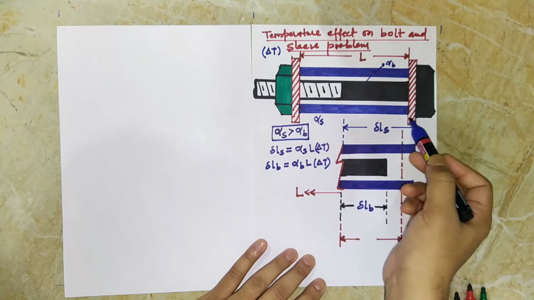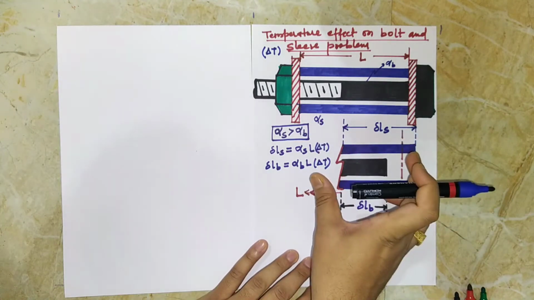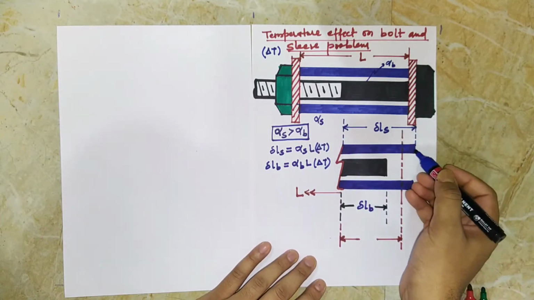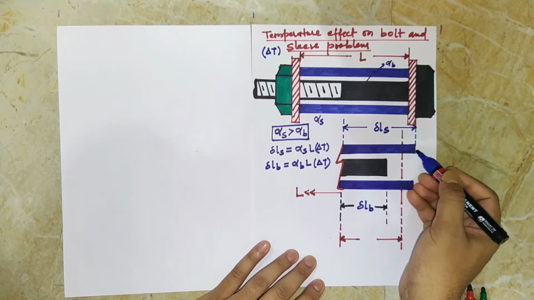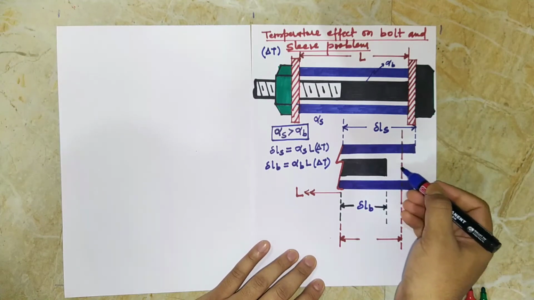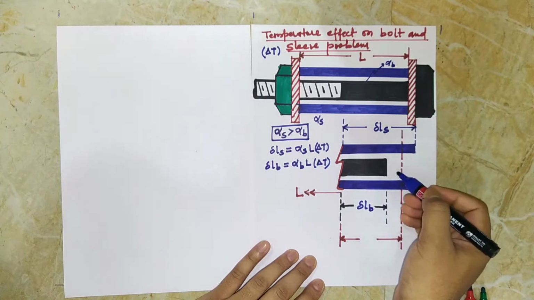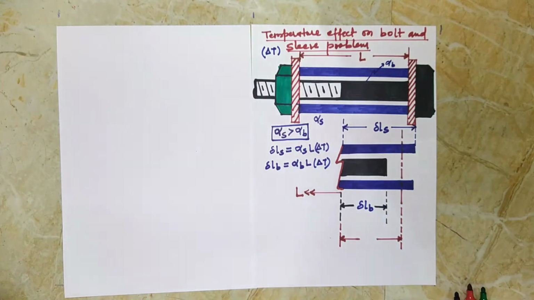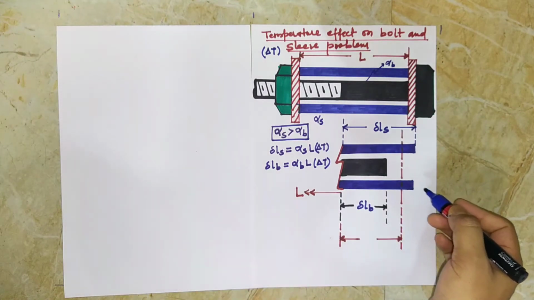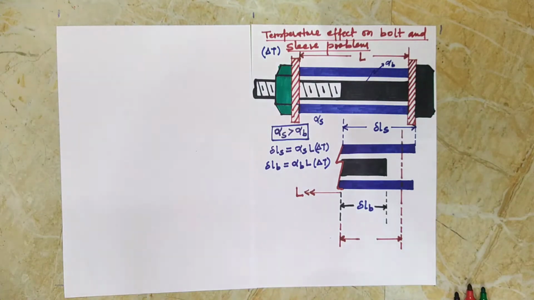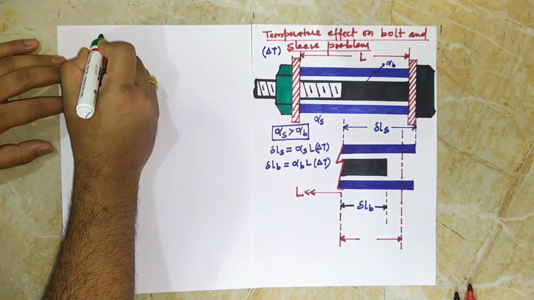But since they are stopped by these two stoppers, they will have the same expansion, because of which the sleeve will get shortened or compressed and the bolt has to be lengthened or axially stretched. So let us analyze the problem and find out what stresses are acting on the sleeve and bolt. First, we'll try to find the static equilibrium condition.